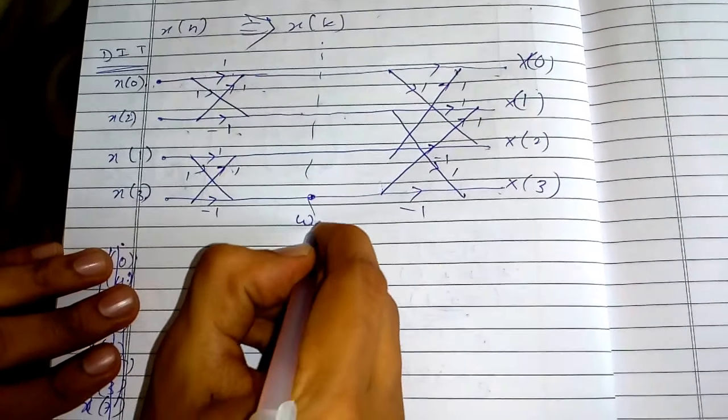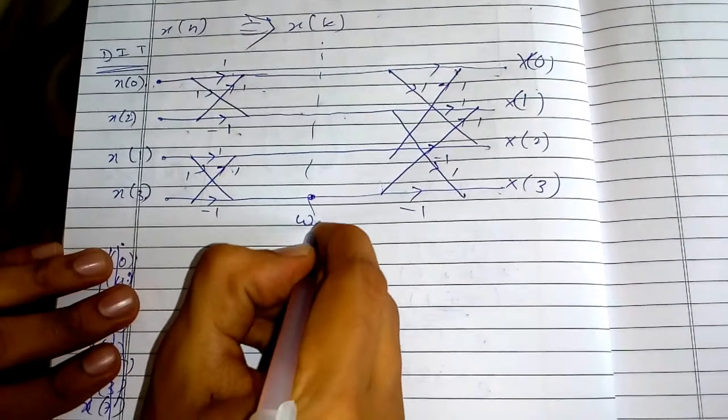Y of 1 will be x of 1 into h of 1, which will come out to be 4 minus 4j. Y of 2 will be x of 2 into h of 2, which will come out to be 0, and y of 3 will be x of 3 into h of 3, which will come out to be 4 plus 4j.